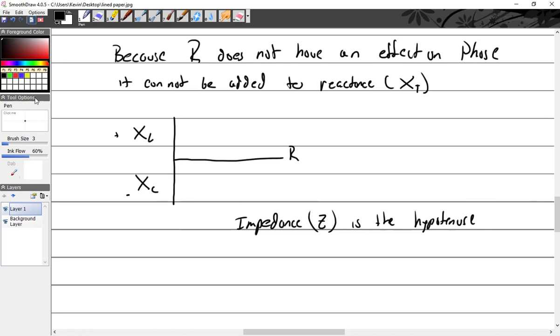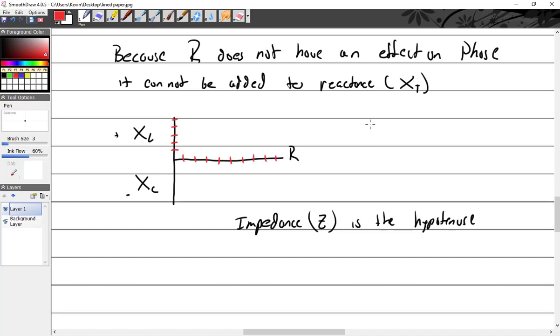So using this little chart right here, if I had some X of L and some X of C, I don't want to make up numbers right now, but if I had more X of L than X of C, it's going to be an inductive circuit. We can just make 2, 4, 6, 8, 10, 12, 14, 16, 18.